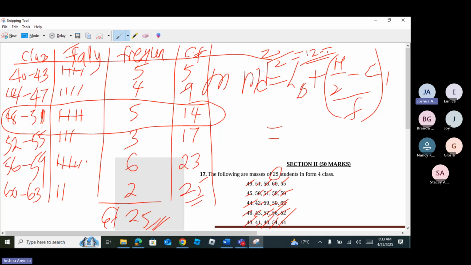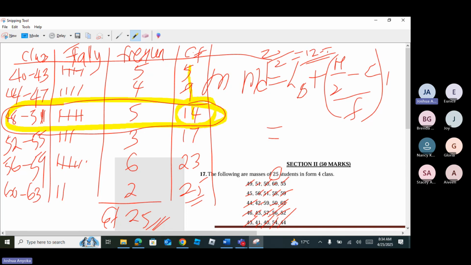So we get the first number along the cumulative frequency that will accommodate 12.5, equal to 12.5 or higher than 12.5, which is 14. So in the cumulative frequency of 14, we circle, and that one gives us our median class.